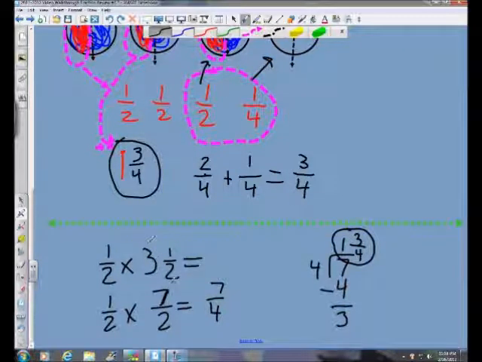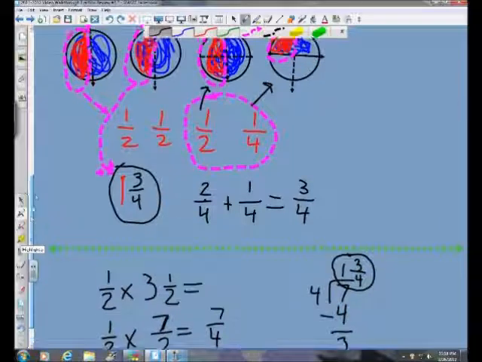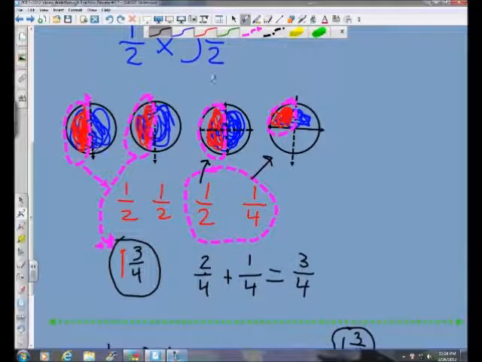I did have to convert this mixed number into an improper fraction so we could multiply. But luckily, we had the pictorial method to show it. So we had 3 1/2 to start with, and you can see that it would be 1, 2, 3, 4, 5, 6, 7 halves originally.